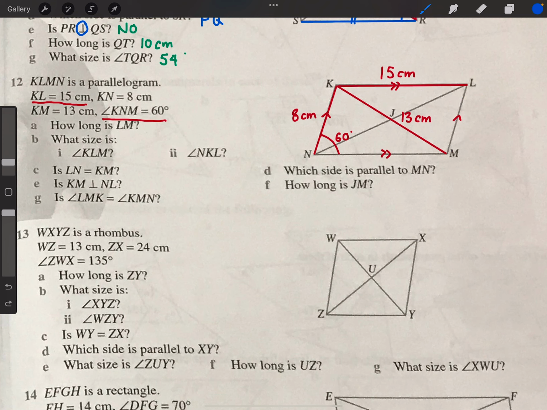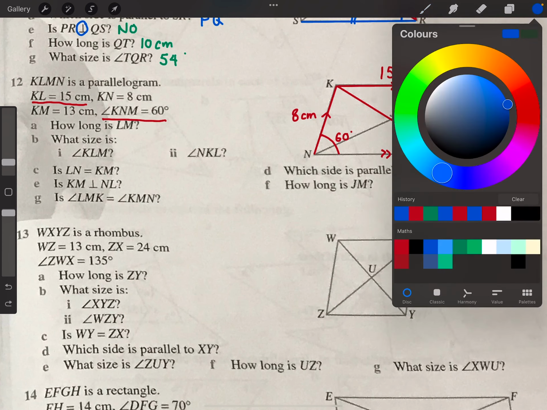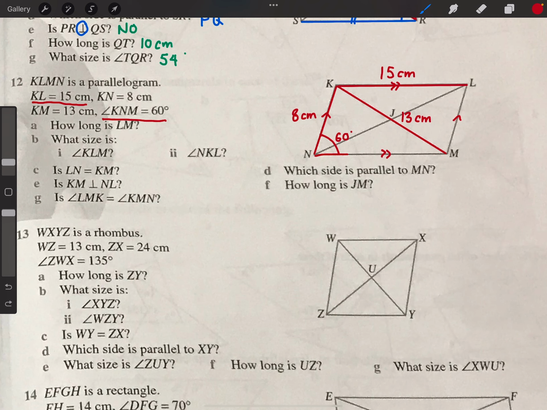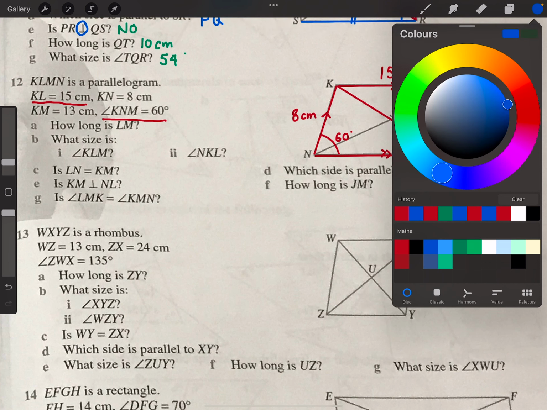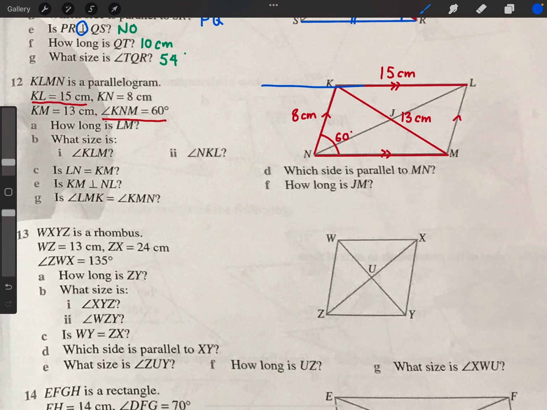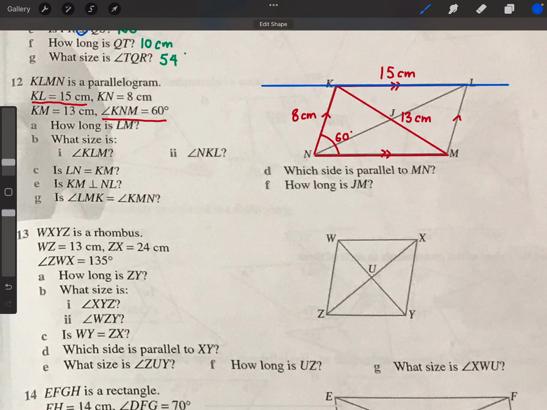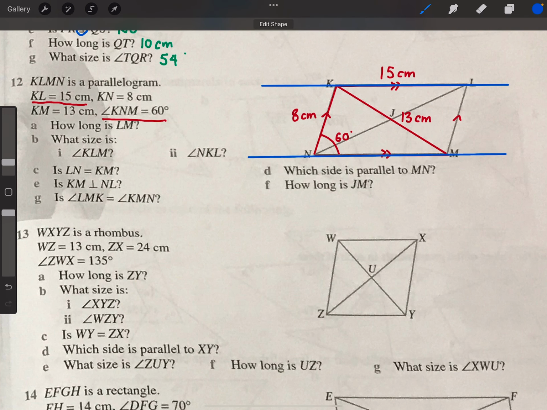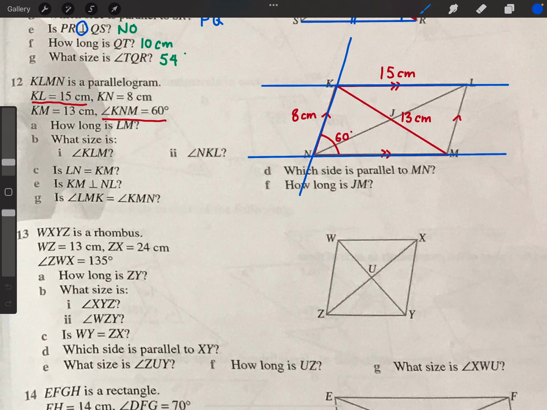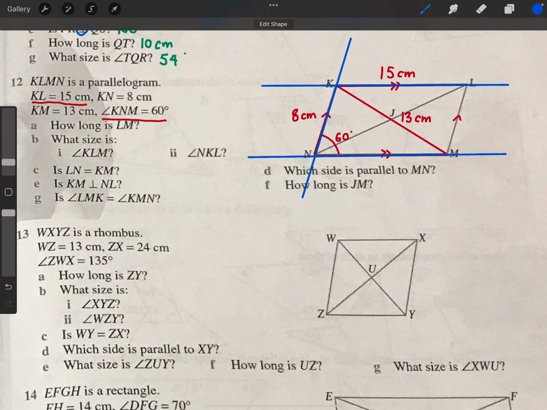What we know is, let me think. I'm going to make this in blue. This line and this line are parallel, and then you have a transversal line that goes through the two parallel lines, which means you're going to have some properties.